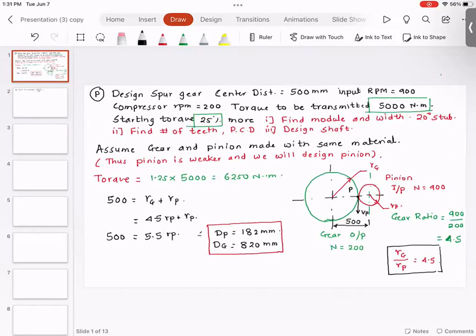So this point P is shared by the gear and the pinion. Whenever you have this point P shared by the gear and pinion, it will have the same velocity, whether you consider it on the gear or on the pinion.